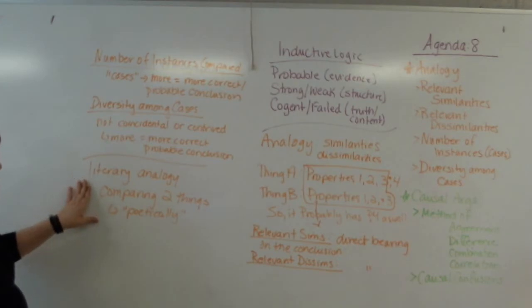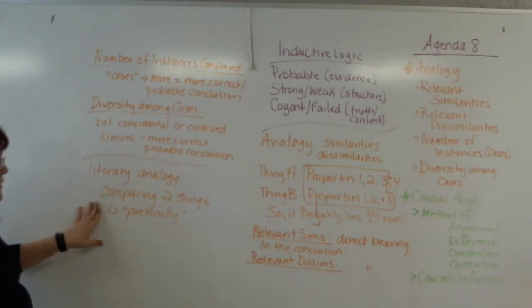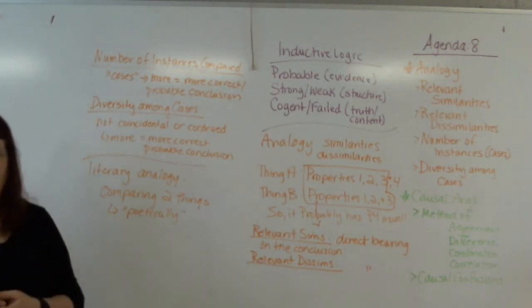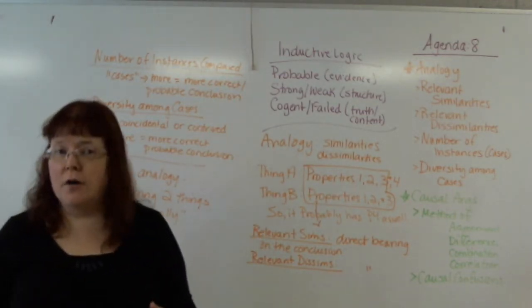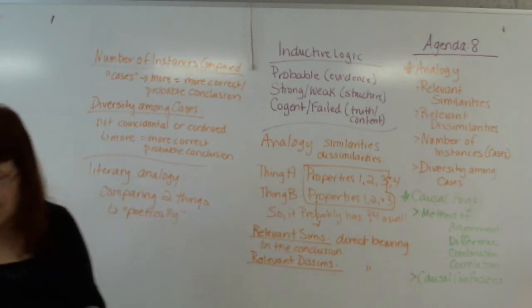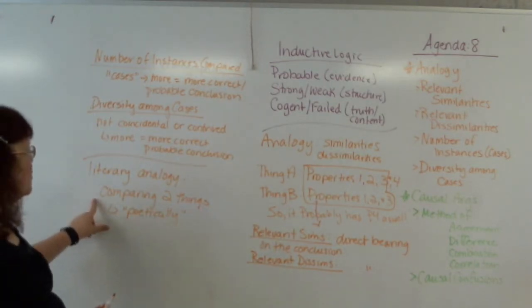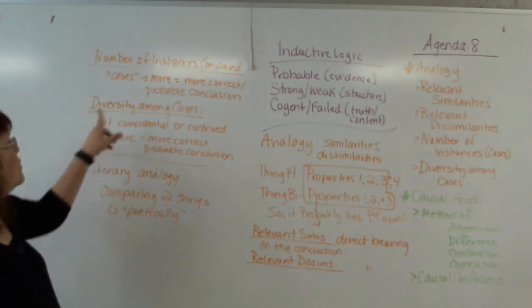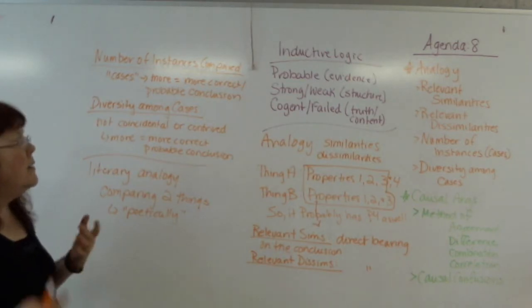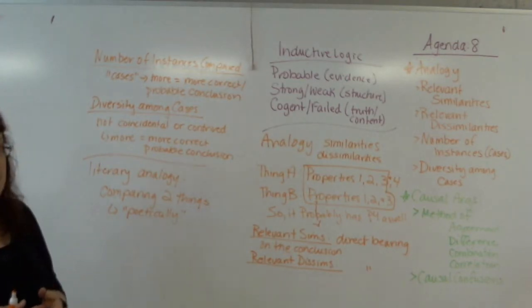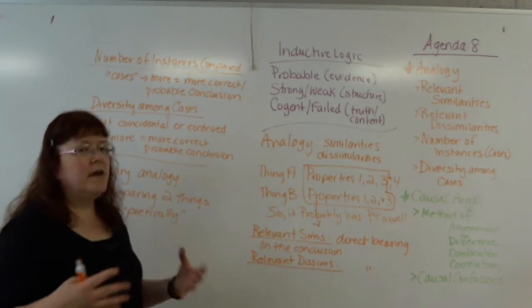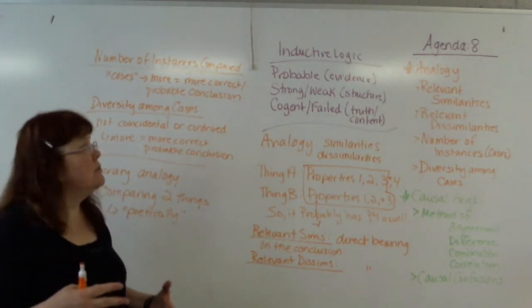Okay, a literary analogy really just compares two things in one aspect, and it does so more poetically than what we're getting at with an actual argument. So when you get to exercise 8.6, it's pretty easy to tell which ones are literary and which ones are actual arguments. But when we look at arguments, we have to look at how well they do things. That whole evaluation part, right?